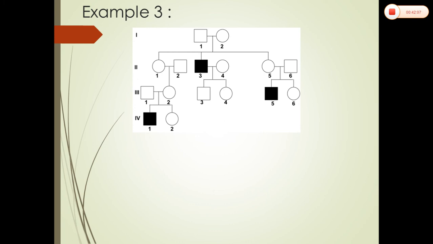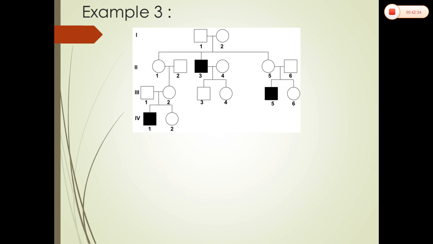Now come to the second generation again. The affected boy marries a normal woman. They have 2 kids. First son is normal and the second daughter is also normal. The third daughter marries a normal man. They have 1 affected son and 1 affected daughter.